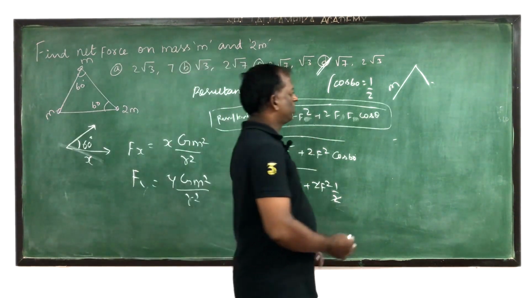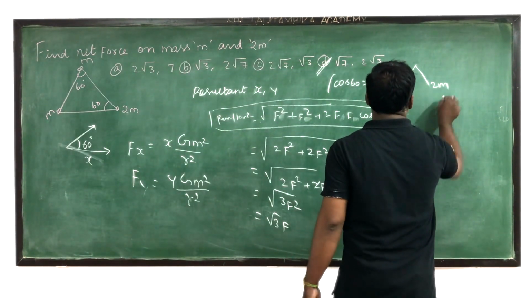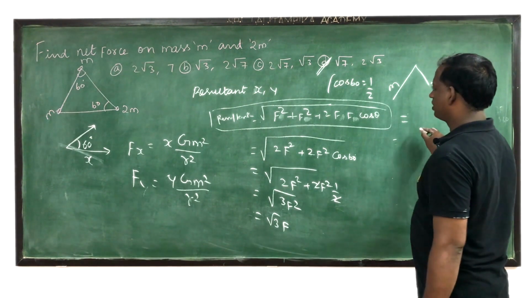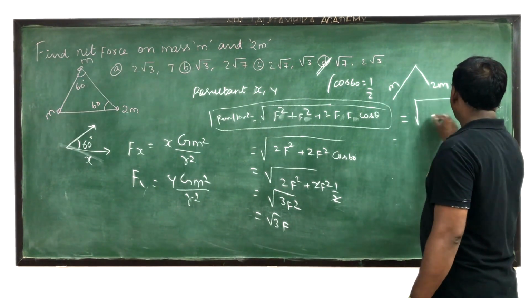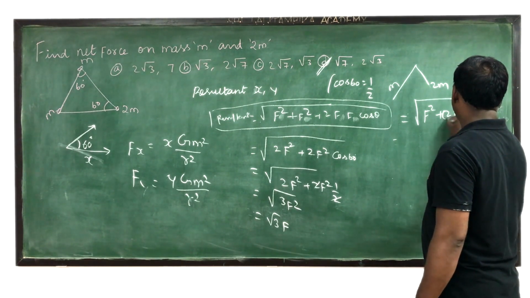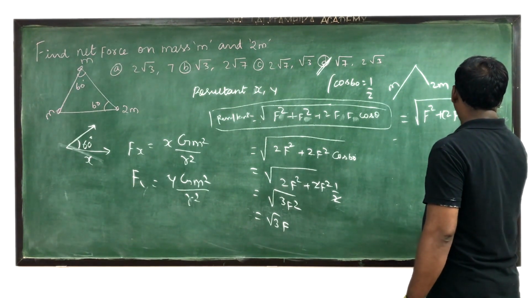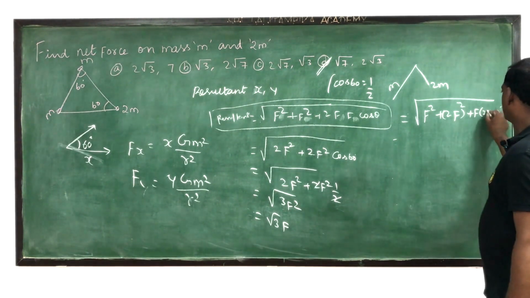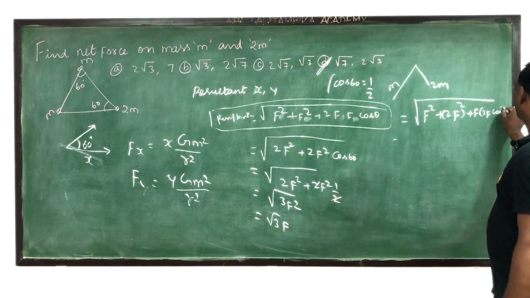இப்போ இன்னொரு இதுக்கு நம்ம இது பண்ணாக்கா this is m of 2m. அப்ப resultant vector is equal to root of F square plus 2F square plus F into 2F cos 60.